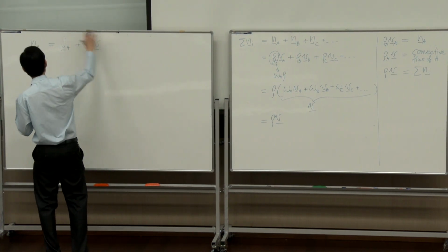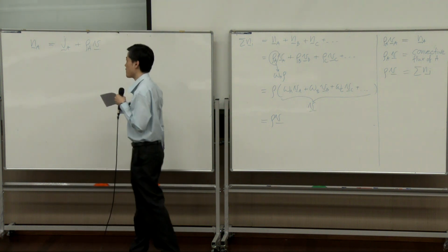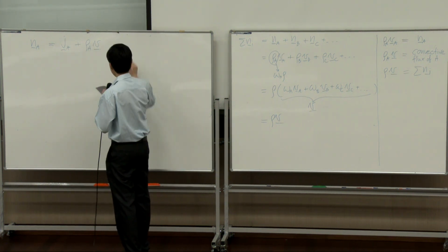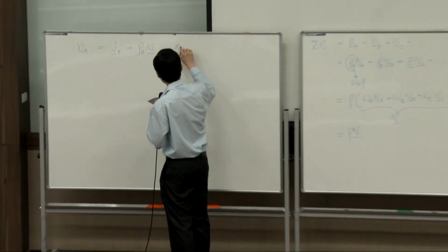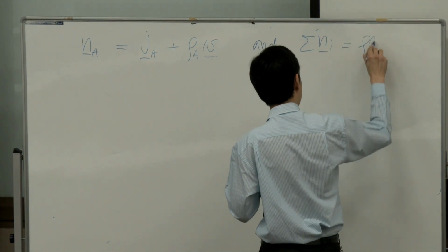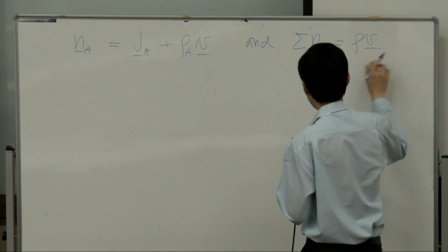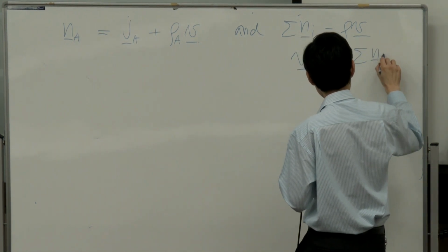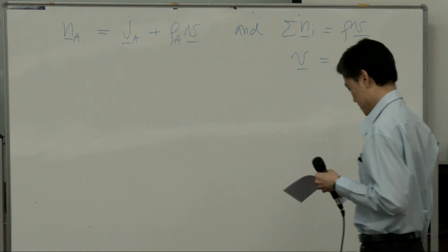All right, so let's go back to this definition of combined flux. And also summation of Ni equal to rho V. In other words, V would equal to summation of Ni divided by rho.